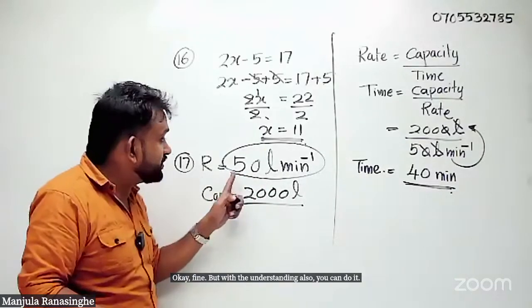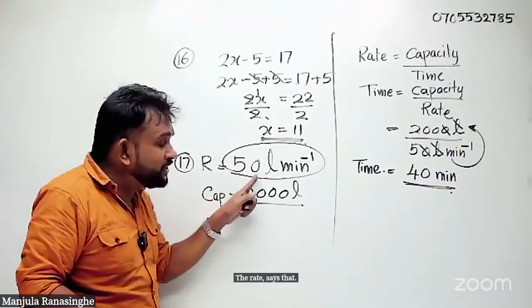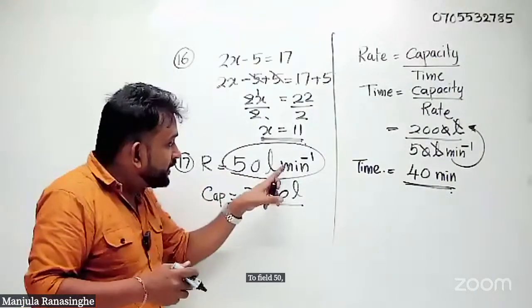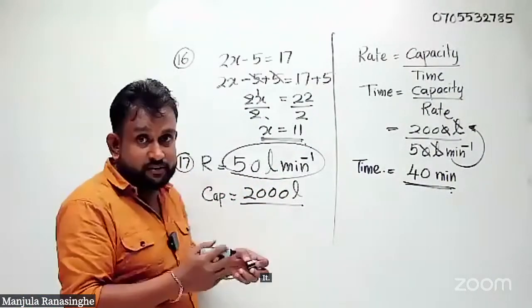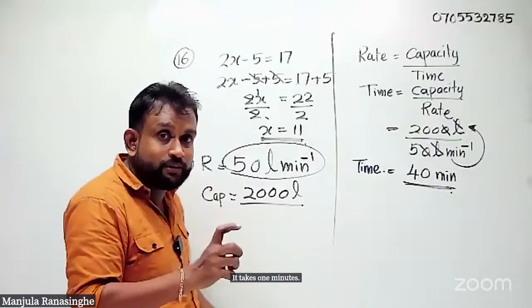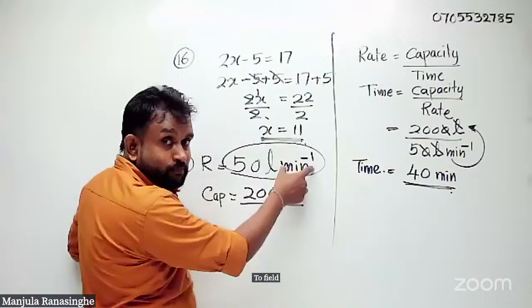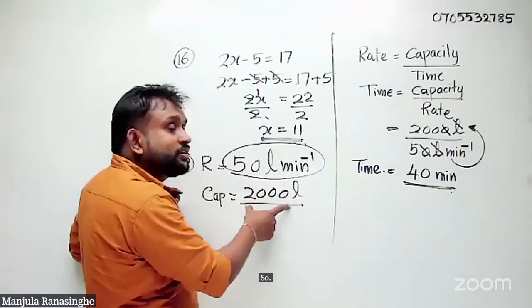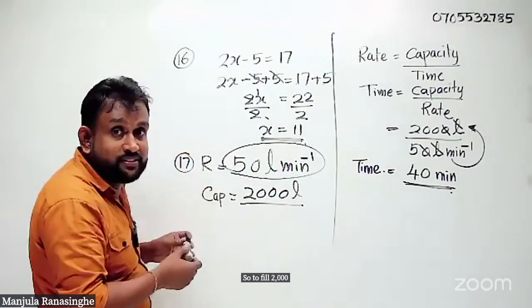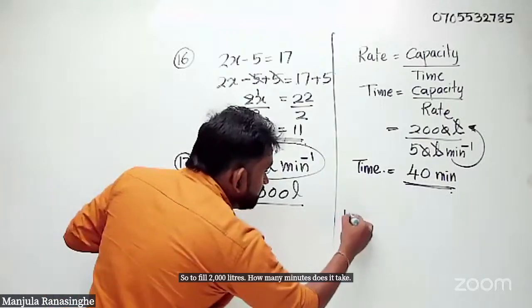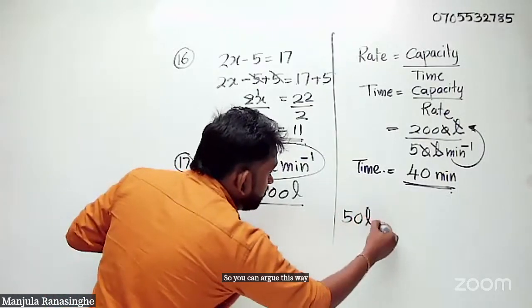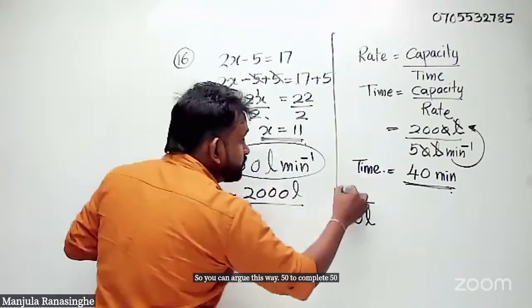The rate says that to fill 50 liters of volume, it takes 1 minute. Minutes per 50 liters means to fill 50 liters, it takes 1 minute. So to fill 2000 liters, how many minutes does it take? You can argue this way: to completely fill 50 liters, it takes 1 minute.